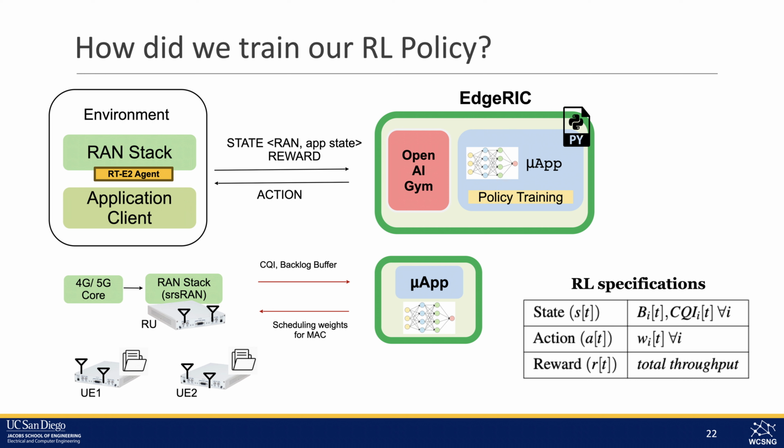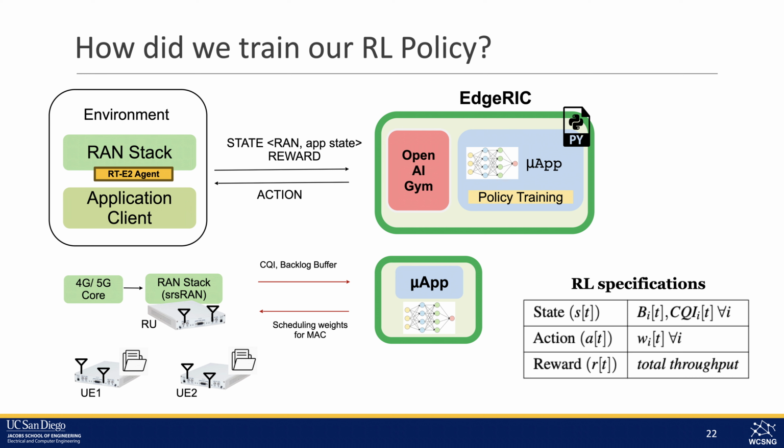EdgeRIC can be integrated with the OpenAI Gym class interface, which allows you to do off-the-shelf RL training of RL models, and then you send the corresponding action back, and the model continuously trains by collecting samples from this environment and learning how to maximize the reward function.